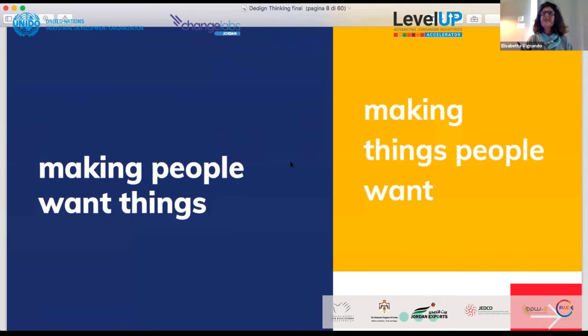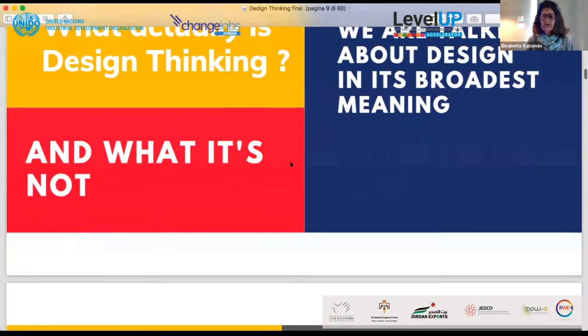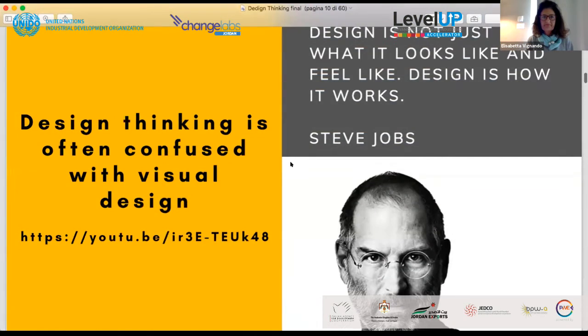The experience we create with the design thinking process is that the company has to be very focused on the user experience.